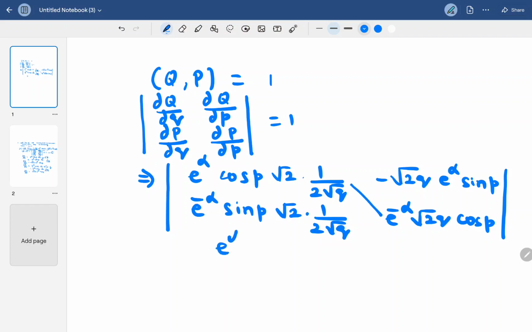The answer is e power alpha into e power minus alpha cos square p, root 2 by 2 into root q, into root q.